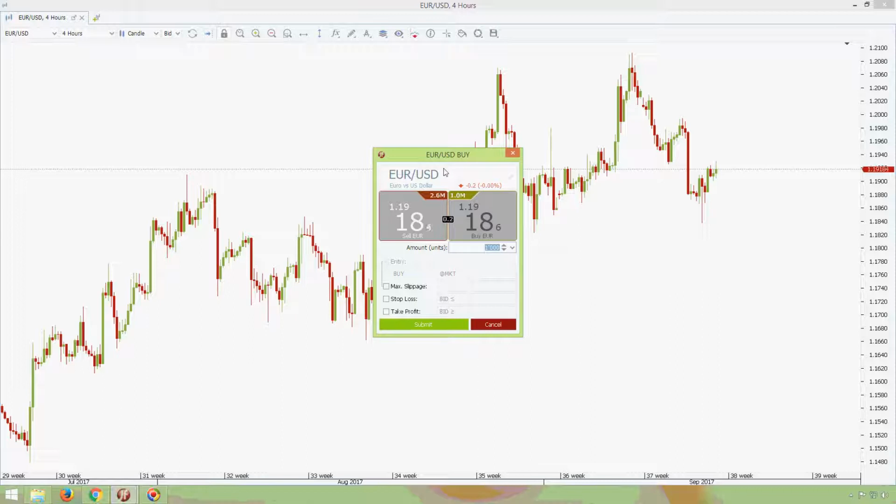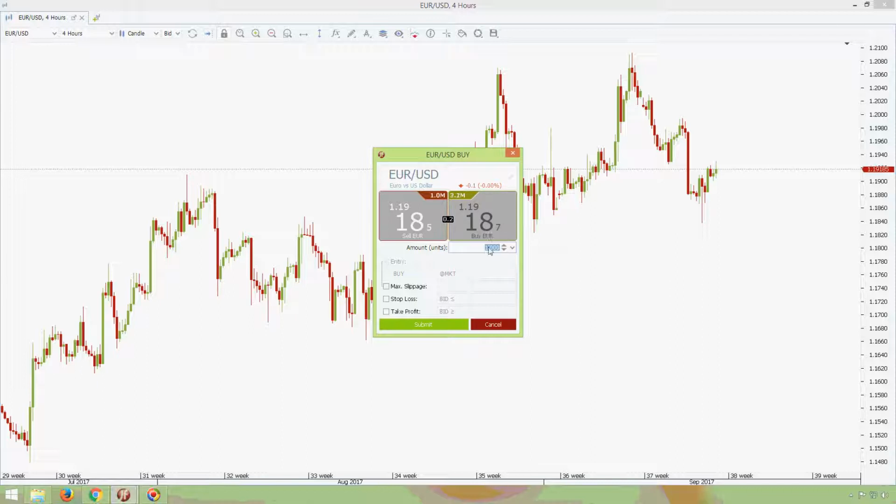When it comes to Forex trading, everything relates to the number of pips that you make. A pip is the difference between the bid and the ask price. For example, now the price is 1.1918.